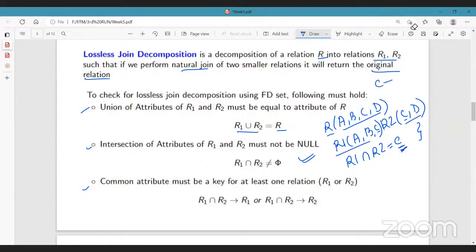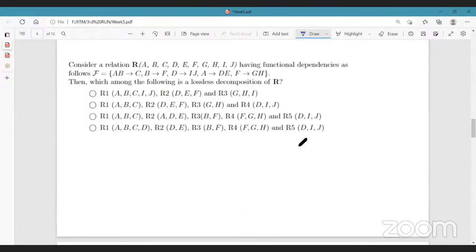Say we have a functional dependency, C determines D. So we can say that C is a super key in this particular relation, right? So this particular rule is also being satisfied. So the rules of lossless join decomposition are clear to all, right? Yes, ma'am. Okay.